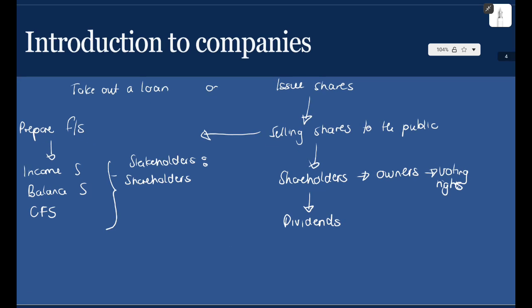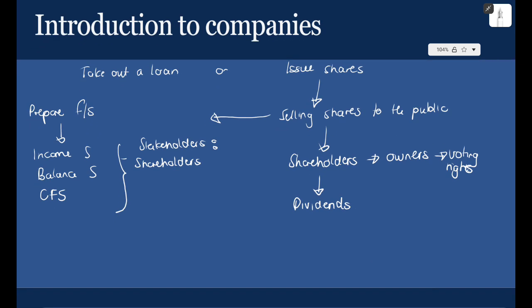They show you how well the business is performing, right? So as a shareholder, obviously you'd want to see how well this business is performing. Will they be able to pay me dividends and all of that, right? So also banks look at the financial statements, right? Also prospective investors. Prospective investors also look at these statements.